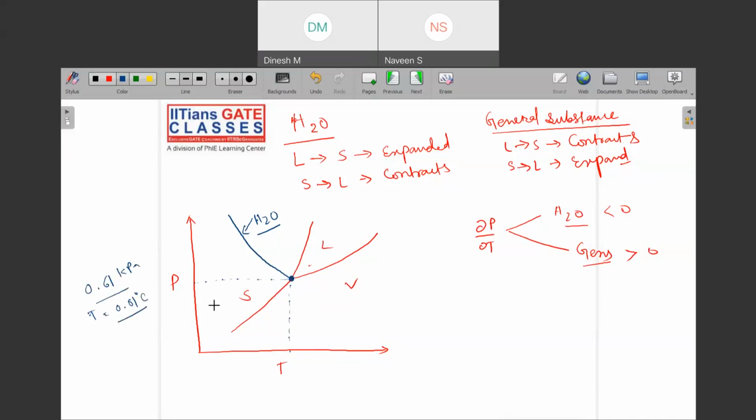If you are below the triple point temperature, or more specifically pressure, then you are lying in these regions. So here your solid will directly get converted into vapor. This is called sublimation. Solid has directly changed into vapor.